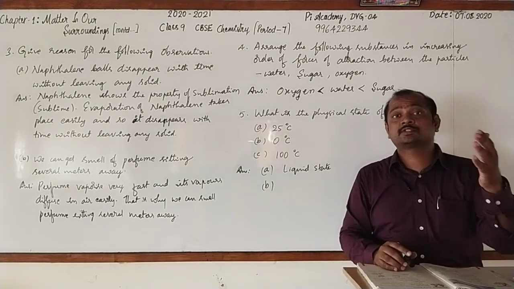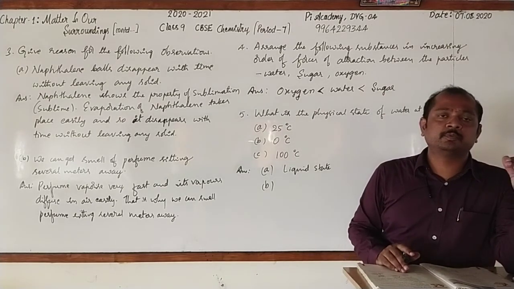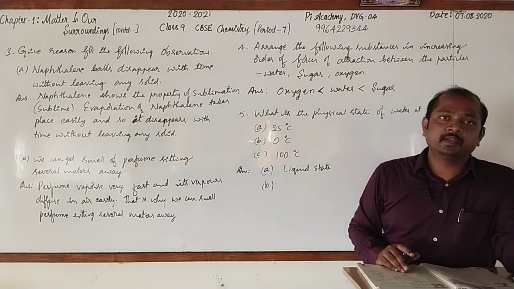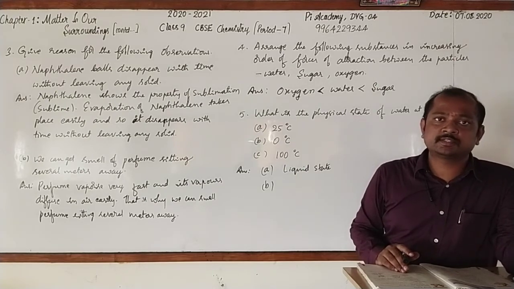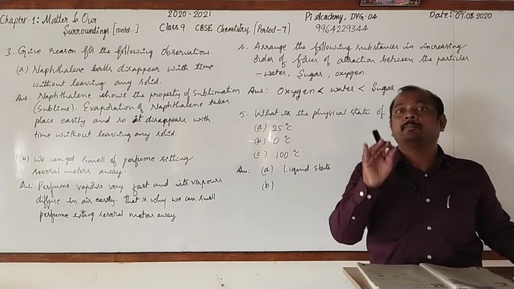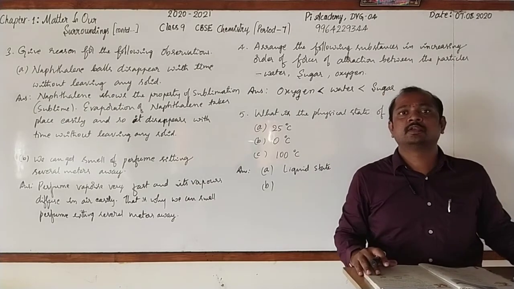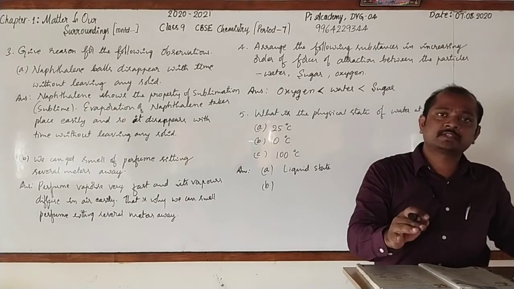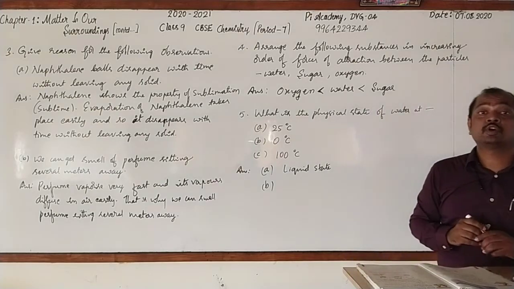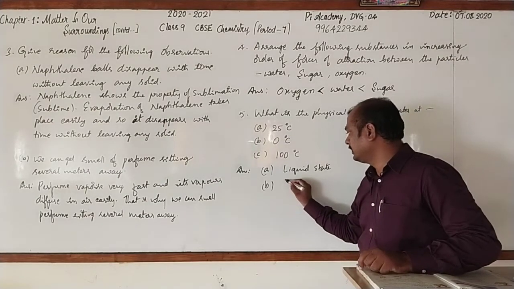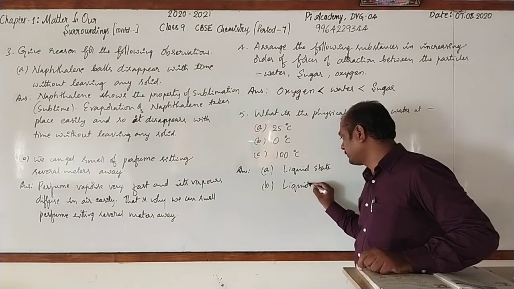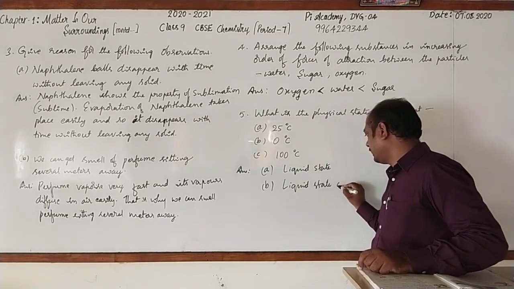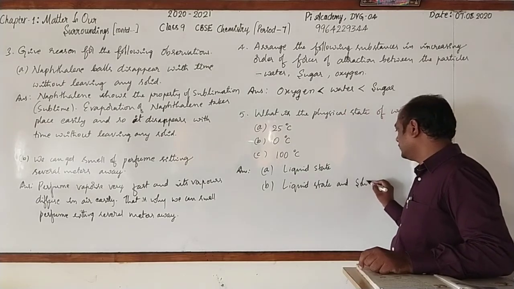If it is just minus 1 degree Celsius, we would have told that it is in solid. Minus 10, minus 15 degrees Celsius, they are all in solid. But at 0 degrees Celsius, water will be in liquid state as well as solid state. Here I'll write liquid state and solid state.